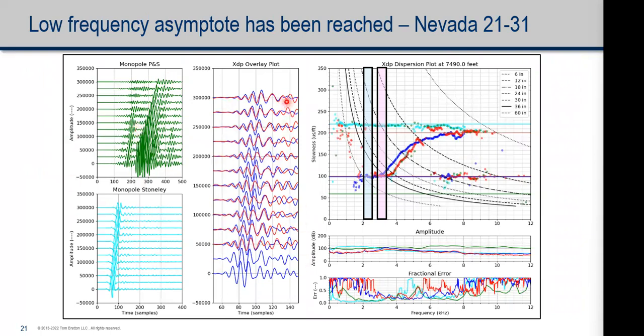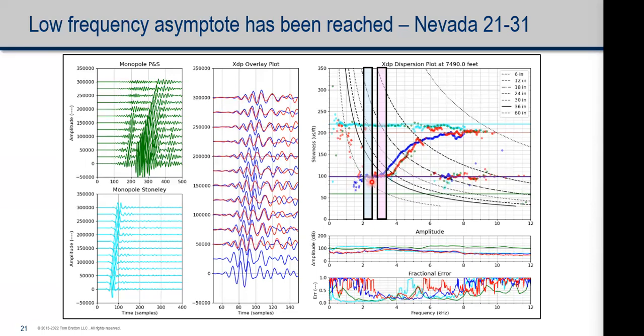display, because you always want to look at the waveforms. So here's your Stoneley, here's your P and S wave, your high frequency monopole, and here's your dipole data. You can see that at low frequency, the red dipole and the blue dipole asymptote to that shear slowness. And this is the beauty of that chirp drive.